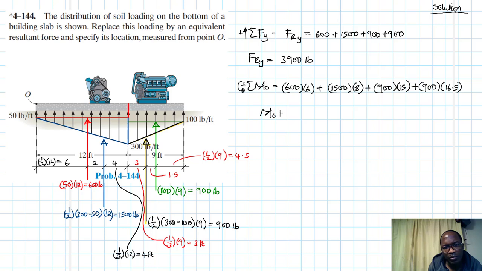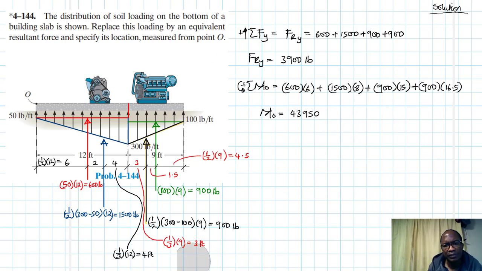Then our moment about point O is just going to be equal to 600 by 6 plus 1500 by 8 plus 900 by 15 plus 900 by 16.5, and this gives us 43,950 pounds feet.